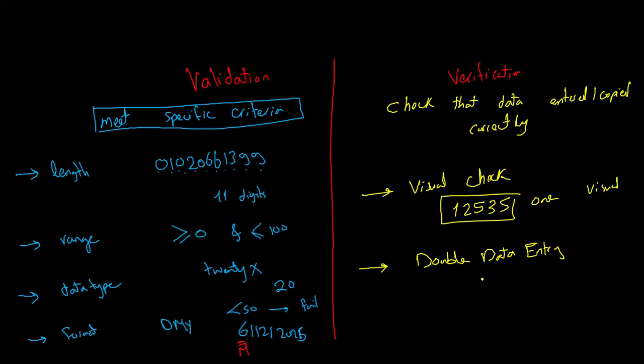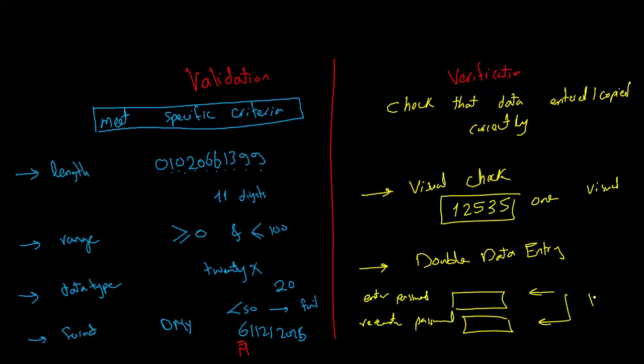In double data entry, you will input the data twice, like when you create an account and it asks you to enter a password, and again, re-enter the password. This is a verification way. You will enter the data twice, but this time your computer will check.